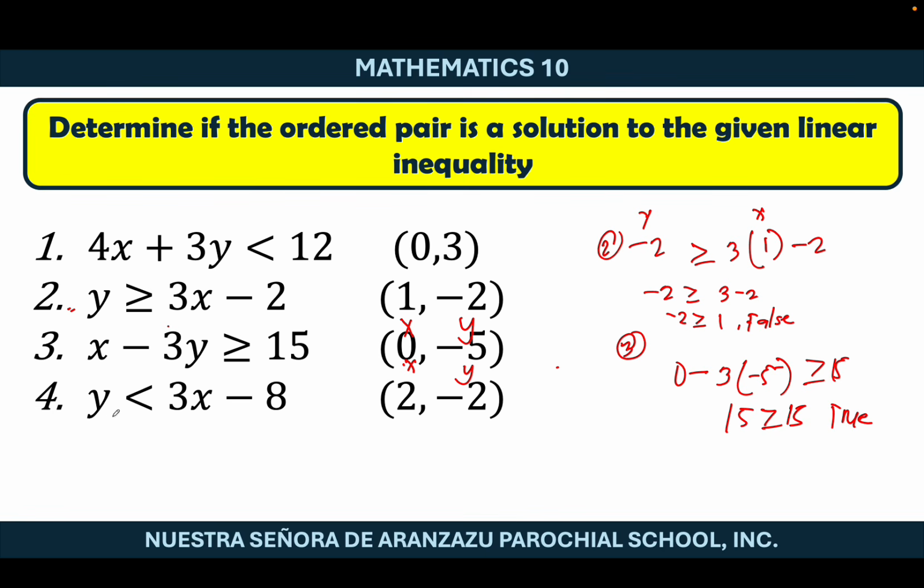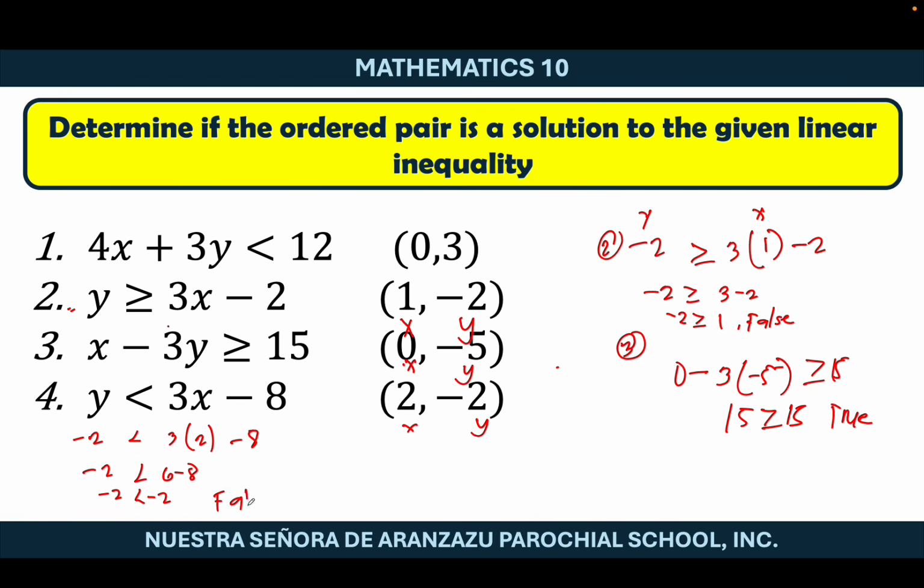Next, number 4, y is less than 3x minus 8. This is your x, this is your y. That will become negative 2 less than 3 times 2 minus 8. Then we simplify. 3 times 2 is 6, then 6 minus 8 is negative 2. So is negative 2 less than negative 2?